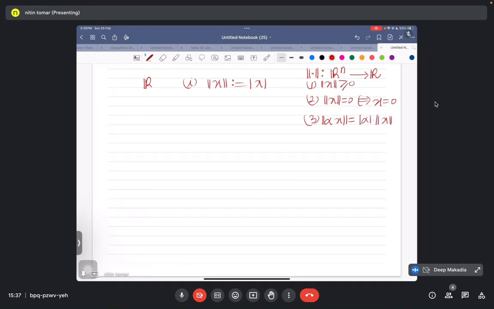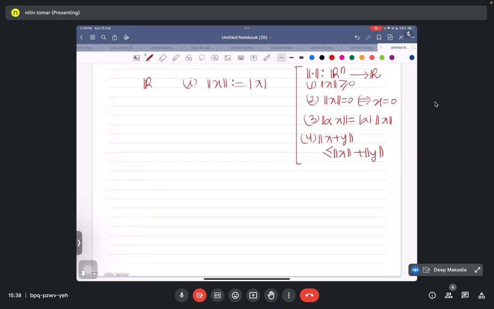length of 2x should be 2 times length of x. Am I correct? And fourth, length of x plus y should be at most length of x plus length of y. This is a norm. Whenever a function satisfies these properties, we call it a norm.